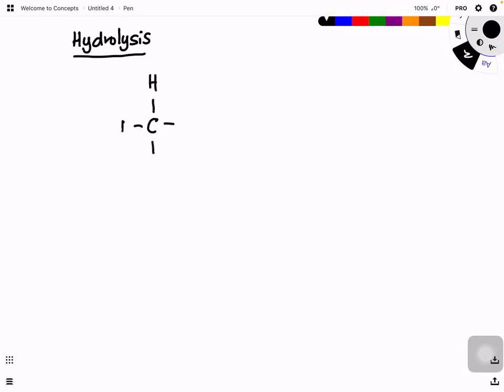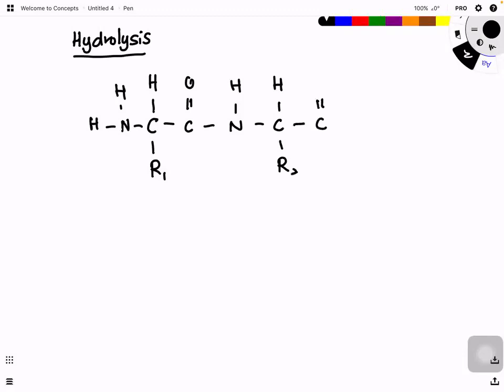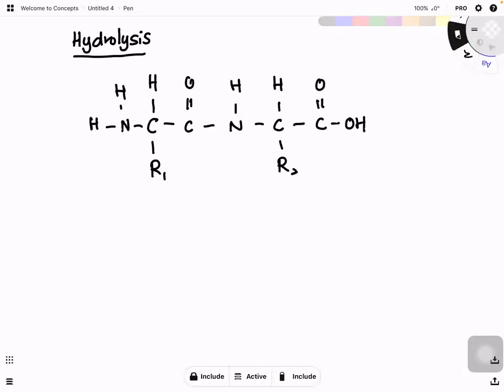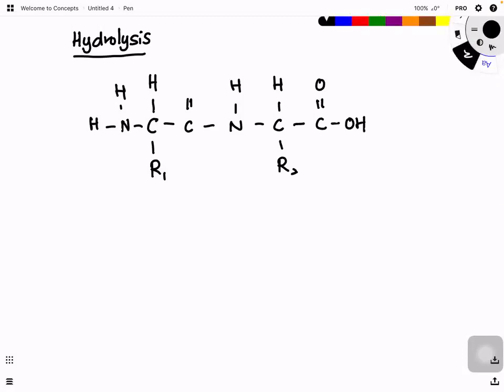H2N, C, R group 1, CO, NH, CH, R group number 2, COOH. So this is the peptide bond.